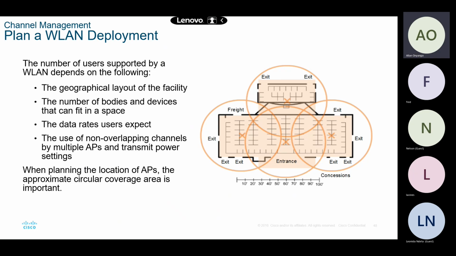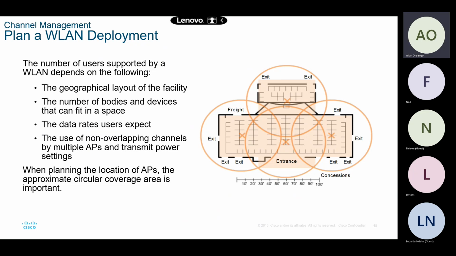And so this is going to ensure that you're not going to have different obstacles for your wireless networks, okay? And so check the geographical layout of your facility and, of course, how many users will be there, which devices will fit within that space, and which data rates are expected, okay?